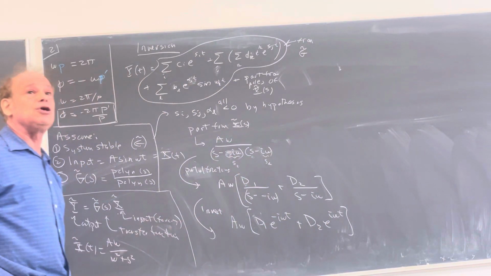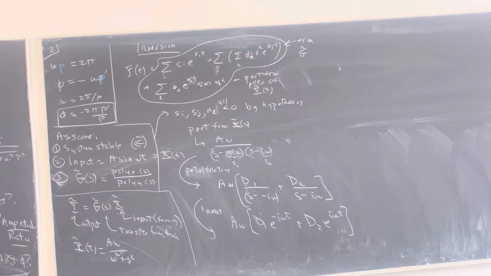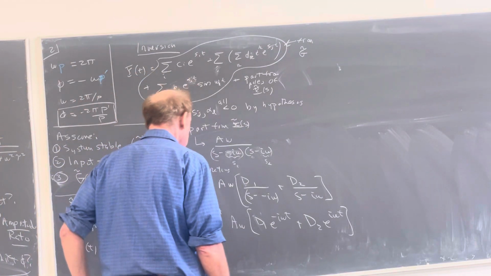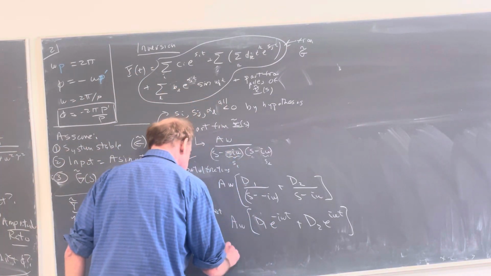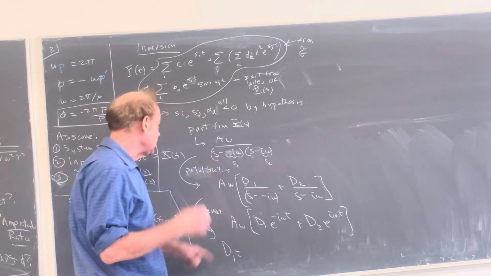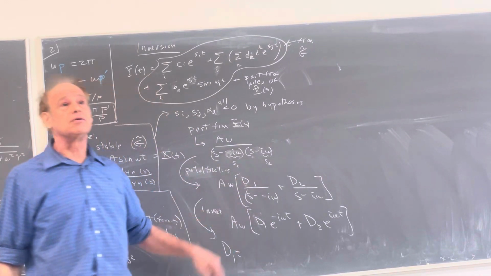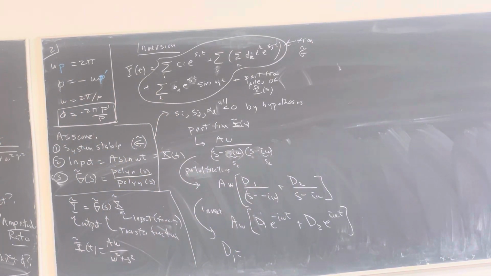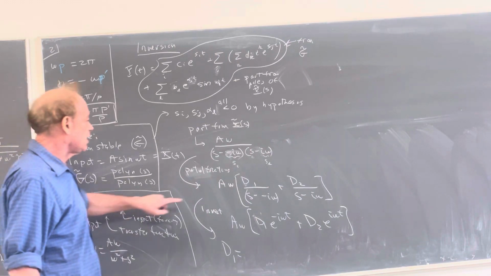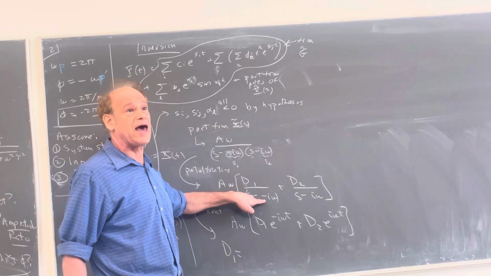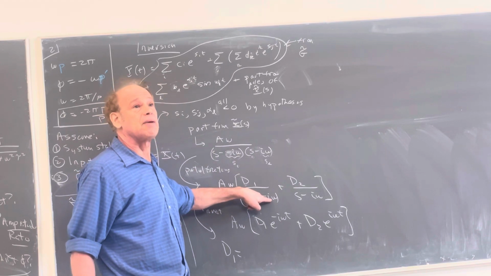So I just need to tell you what D1 and D2 are, and then we should be in business. Well, let's notice what D1 is. D1 is just the coefficient here. Well, we know what those coefficients are. That's just M1 over S evaluated at S1. So it's everything in G tilde except this factor, all evaluated at minus I omega.